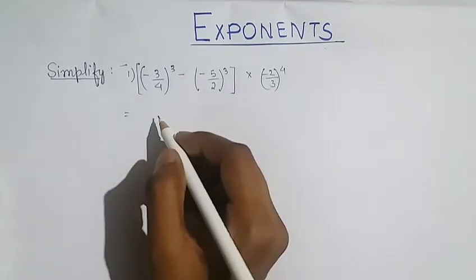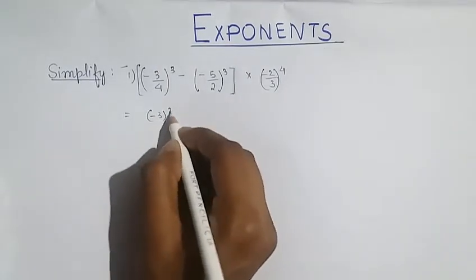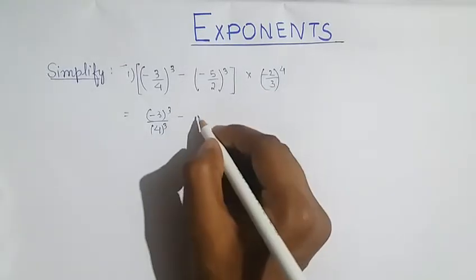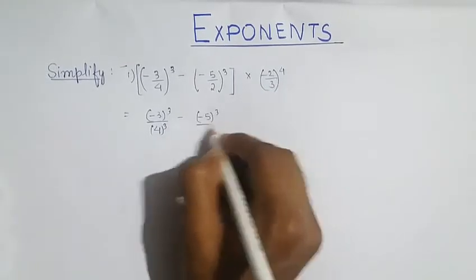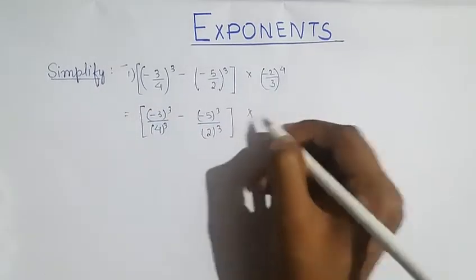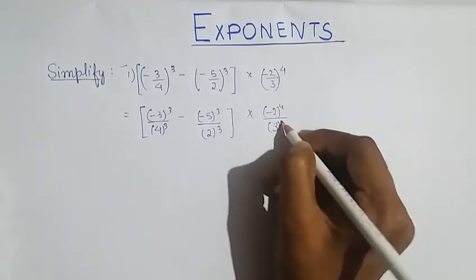So this is equal to, now see, this can be distributed as minus 3 raised to the power 3 upon 4 to the power 3, minus 5 raised to the power 3 upon 2 raised to the power 3, under bracket, into minus 2 whole to the power 4 upon 3 whole to the power 4.